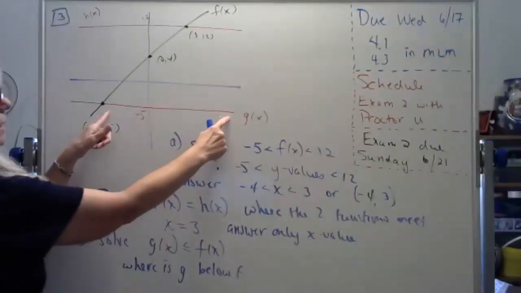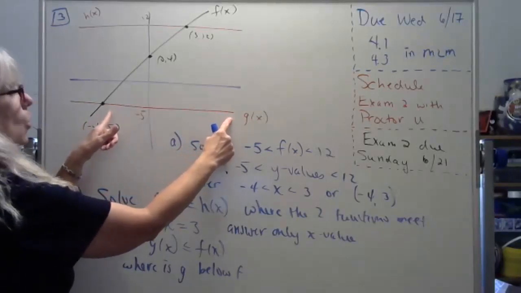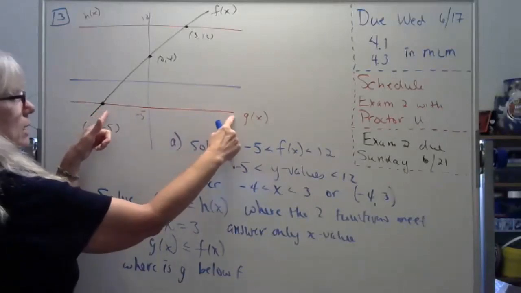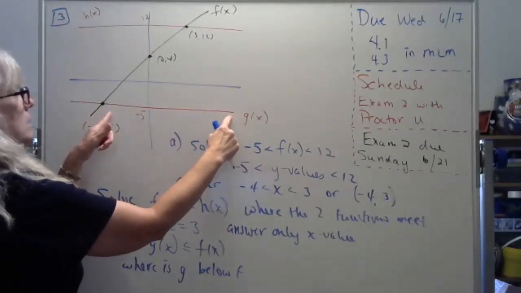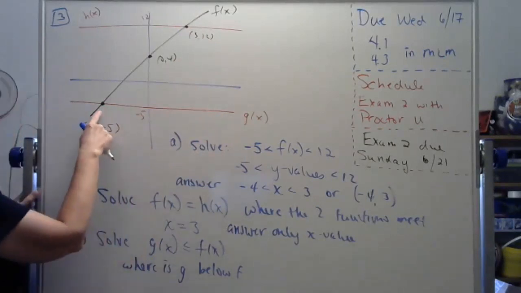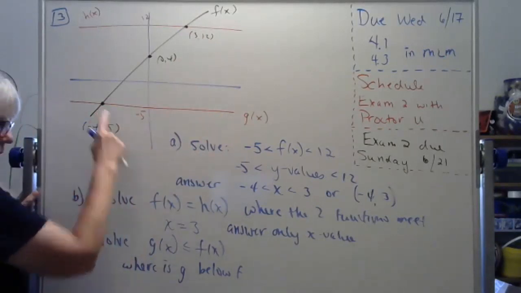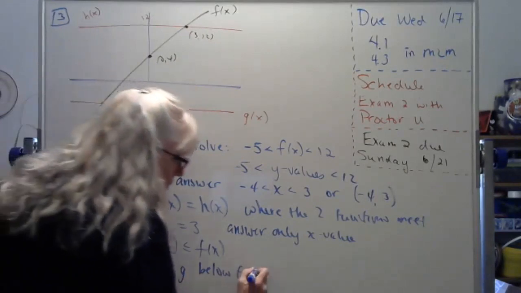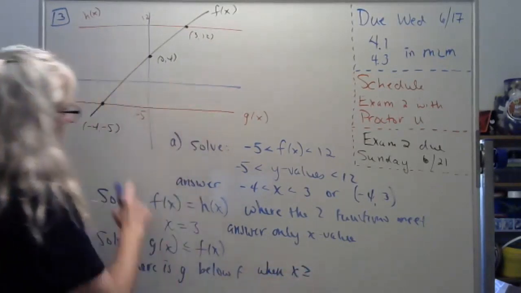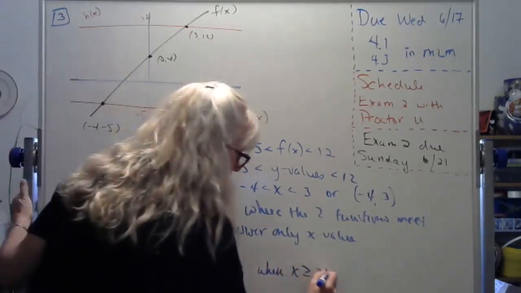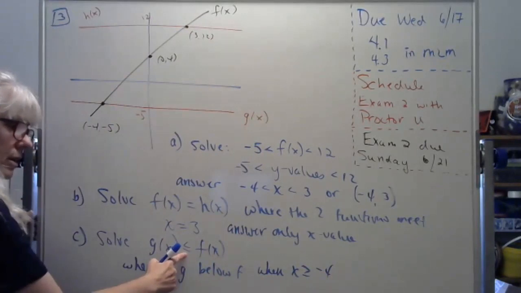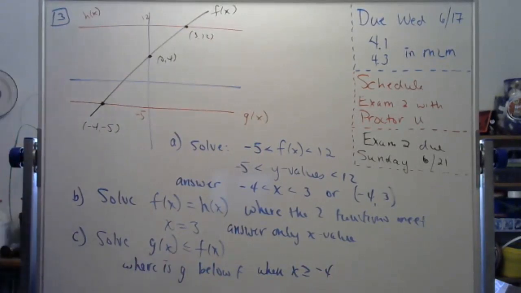Well, isn't the red line below that black sloped line all this distance? So everywhere along in here, that's true. So the red line is below the black line here. So isn't that all the x values that are bigger than that negative 4? So g is below f whenever x is greater than or equal to negative 4. I'm picking up a greater than or equal to because that's what they've got in terms of their answer, is the equal to.